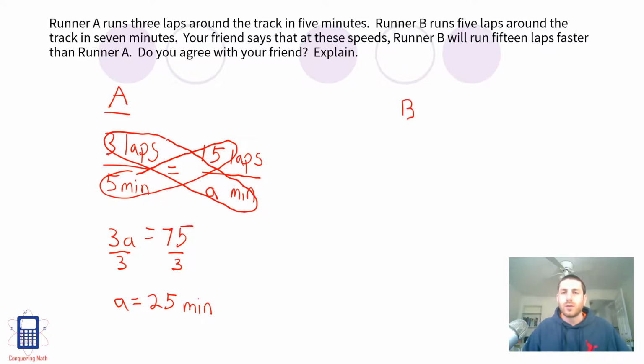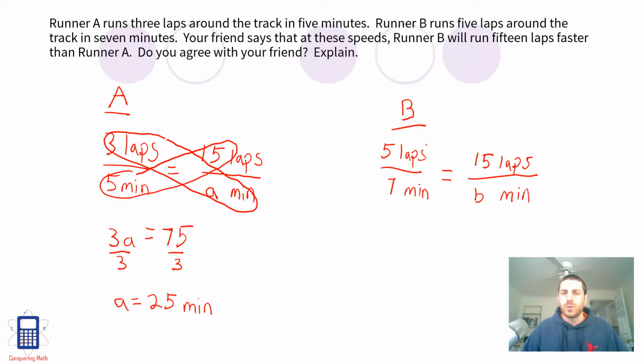Now we want to look at runner B. And so the same thing, runner B ran 5 laps in 7 minutes, and we want to know how many minutes it will take to run 15 laps. I have laps on top, minutes on the bottom, and so we'll say B minutes.